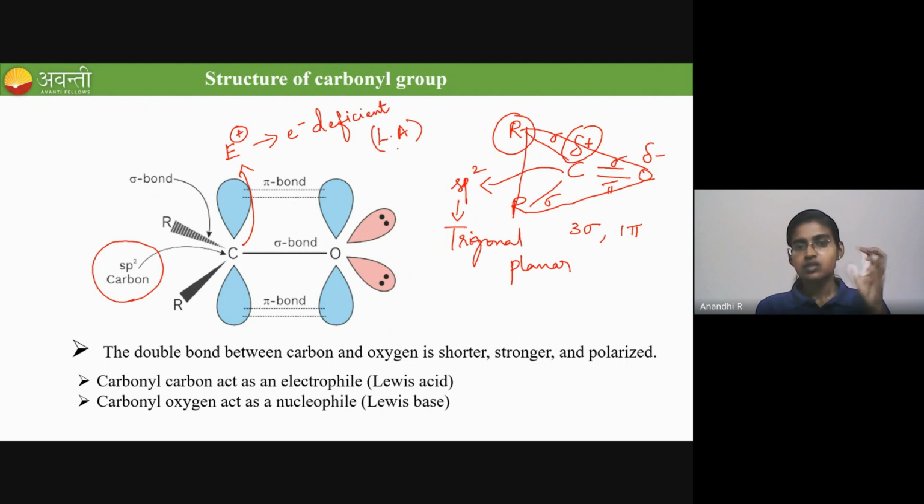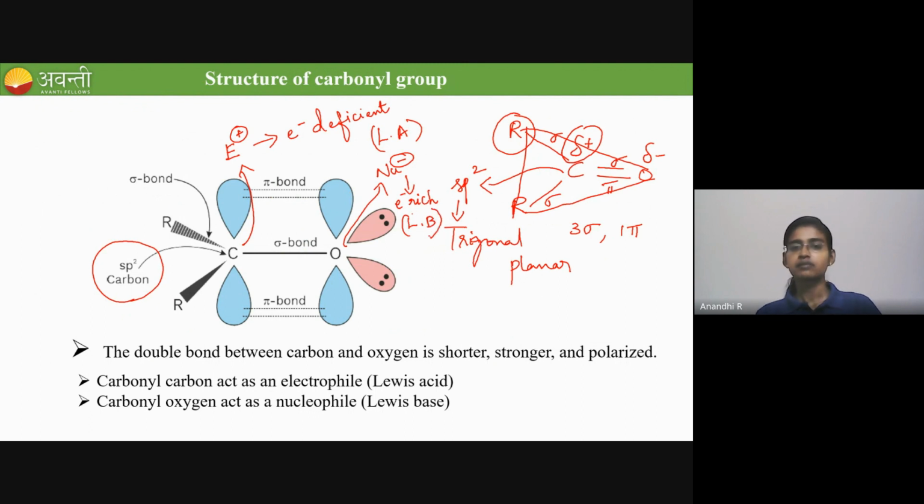So an electrophile can react with a nucleophile, right? So if a nucleophile comes, it forms a bond with the carbon. And this oxygen center is acting as a nucleophile. What are nucleophiles? Nucleophiles are electron-rich centers or compounds, which are otherwise called Lewis bases.